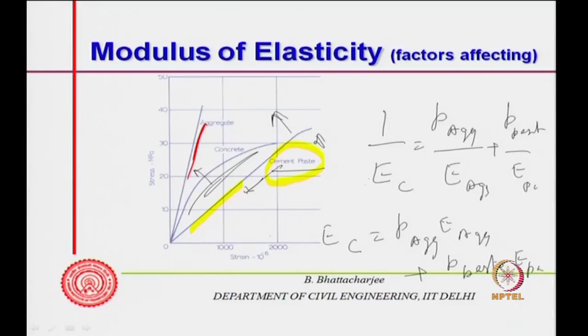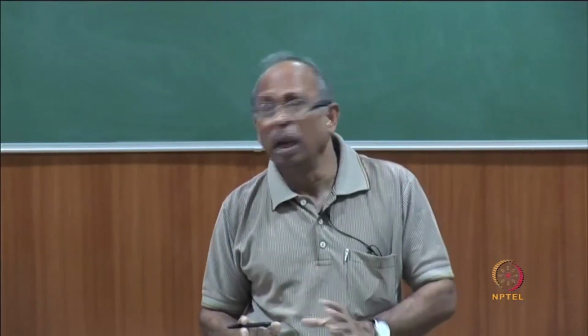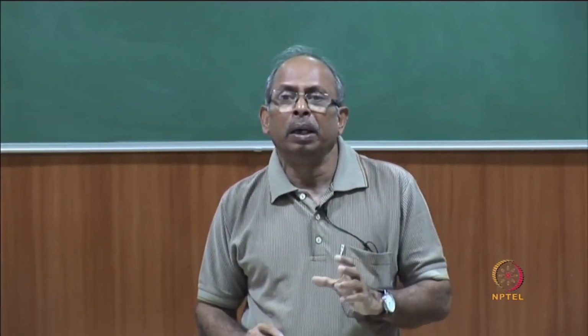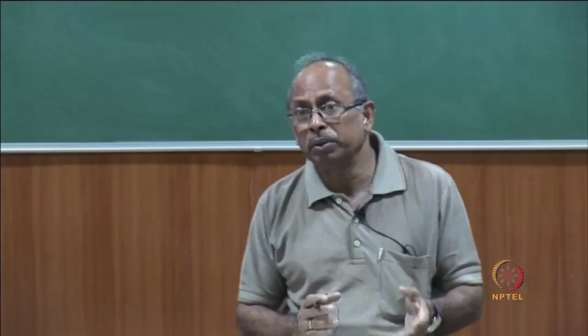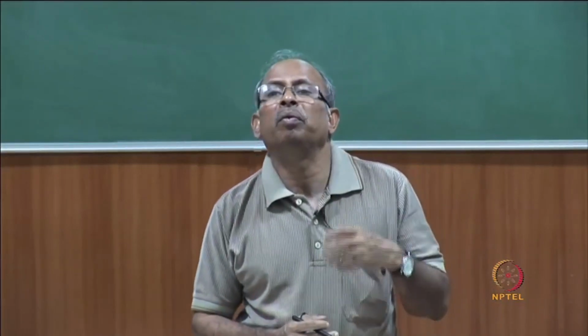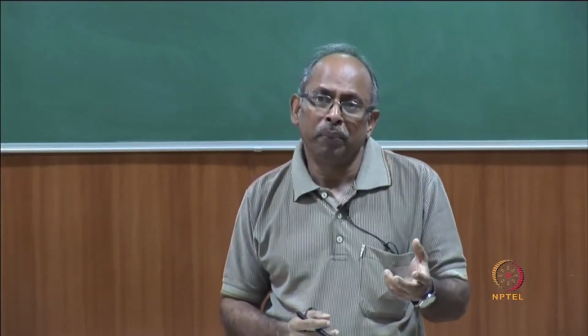So, these two will give you an extreme boundary of the concrete modulus of elasticity, assuming series and parallel models. I am not going into a derivation of this, but E c calculated from this or E c calculated from this give you two different values. So, this gives you E c 1, let me call it, and this is E c 2. This will give you the wide range of the modulus of elasticity, but at the moment it is more important for us to understand that the modulus of elasticity of concrete is a function of the modulus of elasticity of the paste and of the aggregate.